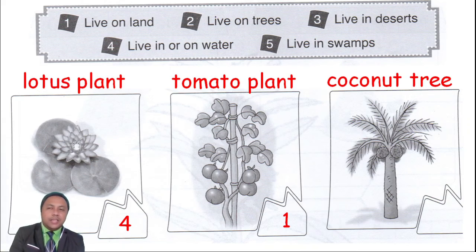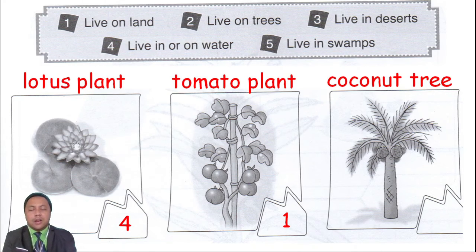Tomato plant lives on land. Why? Because their roots are on the ground. Next, we have coconut tree. We have number 1. Coconut trees also live on land.